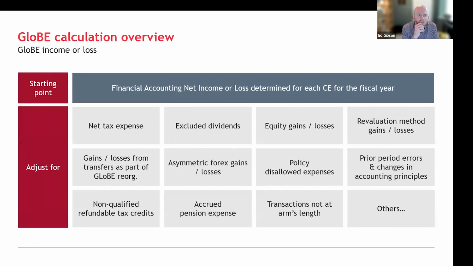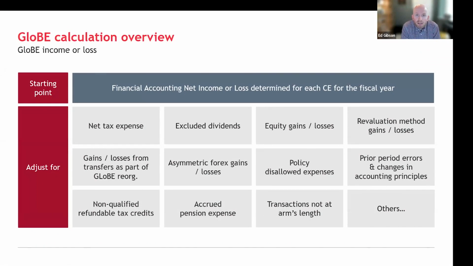So the first thing that you need to do is to work out your GloBE income or loss. So the starting point for that is your financial accounting net income or loss determined for each constituent entity for that accounting period. And as a quick reminder, the fiscal year here is the accounting period of your ultimate parent entity.